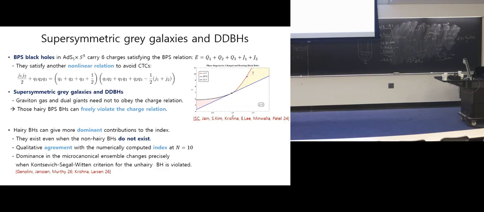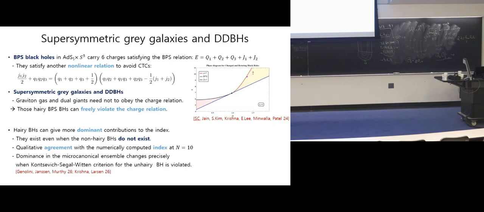The D3 brane instanton case means the solution is unstable against the condensation of these D3 brane instantons, and this other criterion, I'm not familiar with it well, but it's about whether the saddle can contribute to the Euclidean gravitational path integral that computes the index.